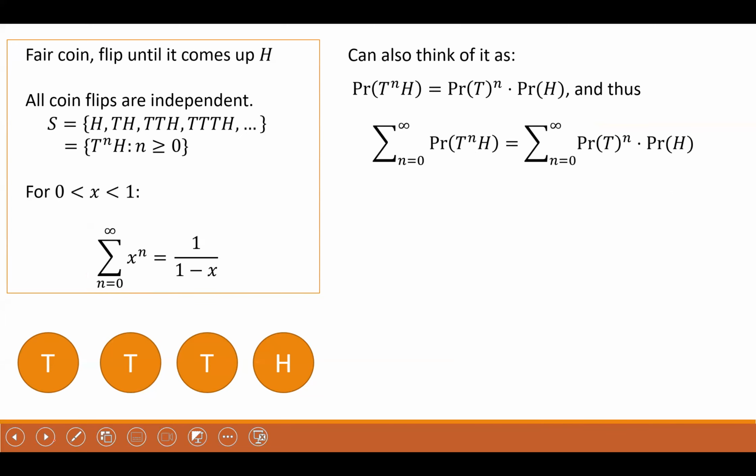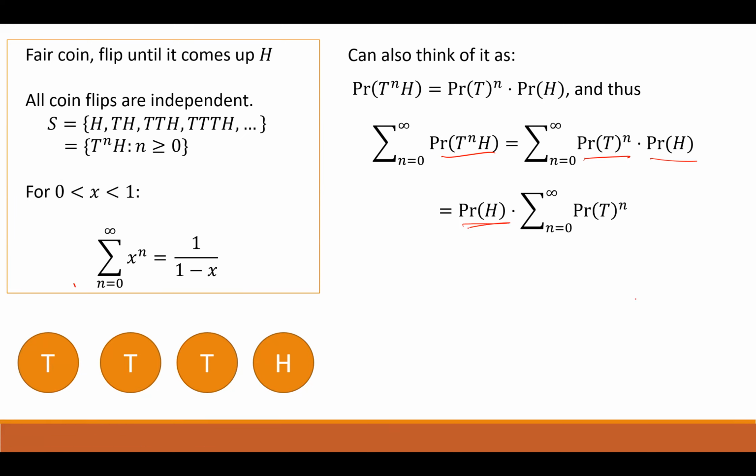And I have a few slides on alternate ways that get you to the same answer. Since these are independent coin flips, I can expand this out into the probability of getting tails times itself n times, times the probability of heads. And then I can take the probability of heads out since it appears in every term.